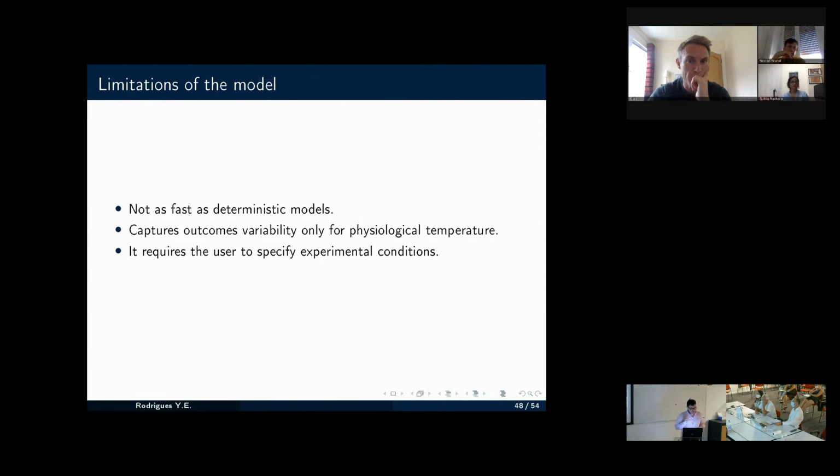Another downside is that it captures only variability of physiological temperature. Because if you are doing experiments at room temperature, I cannot capture the variability of the data. And that's probably because I don't have the temperature effect in the release probability on the presynaptic side, possibly.